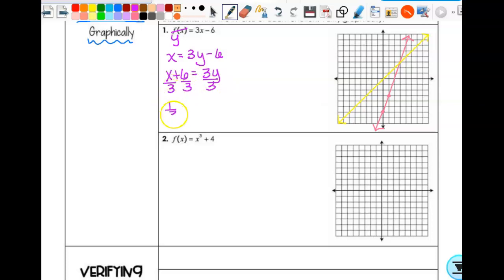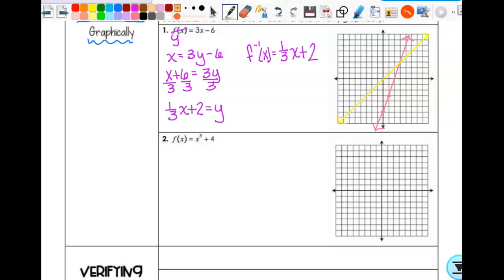So it'll give me 1/3 x plus 2 equals y. So that means that f inverse of x is equal to 1/3 x plus 2. So now I want to graph that one.